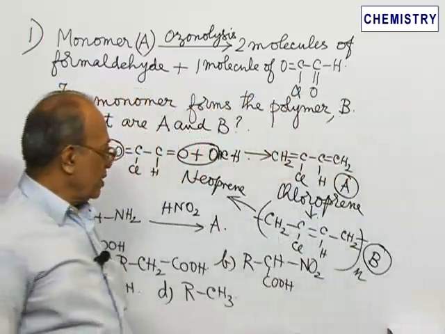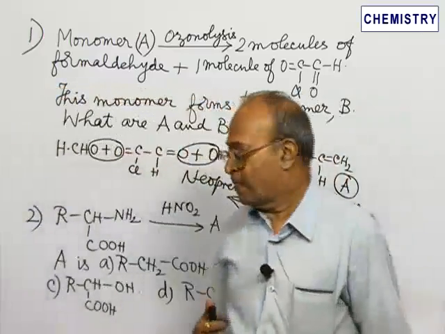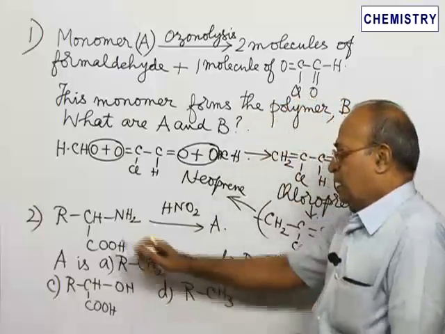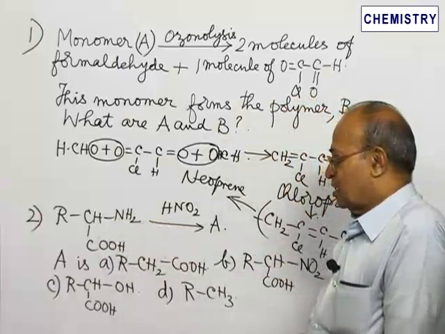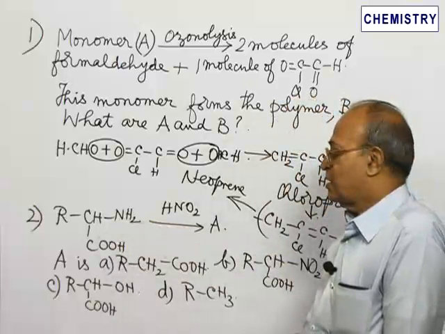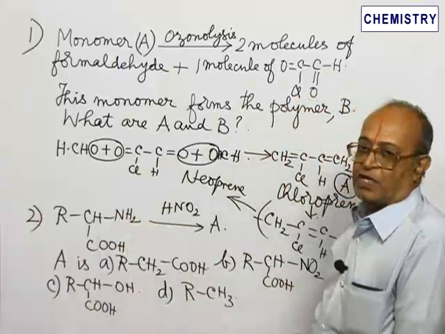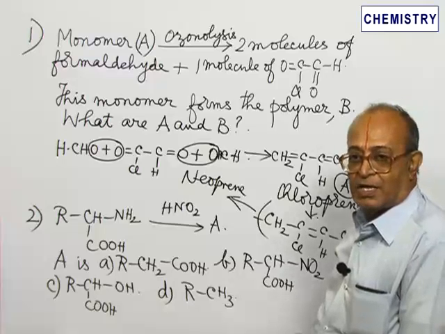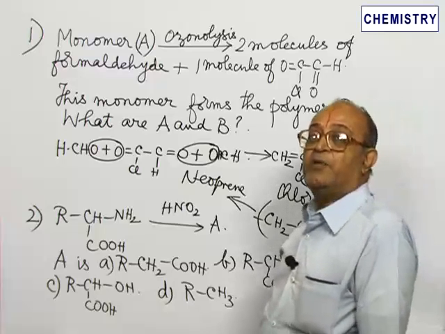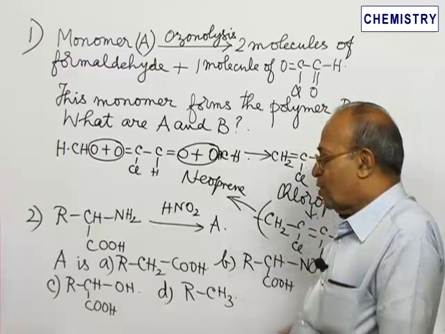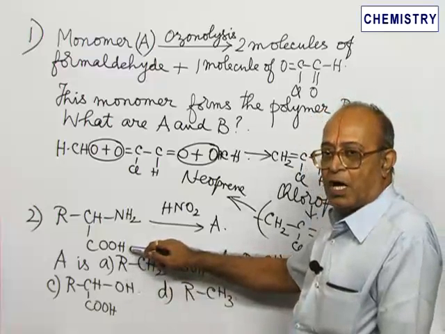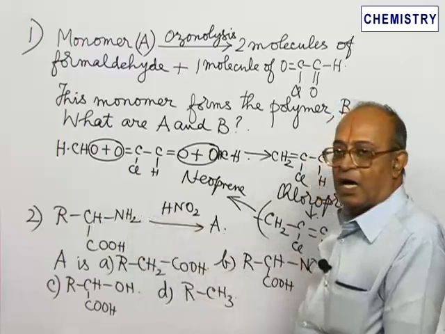Question number 2, it is a simple question. This reactant RCHNH2COOH, it is quite obvious. This is an example of an amino acid, that is a compound containing both carboxylic acid and amino group.